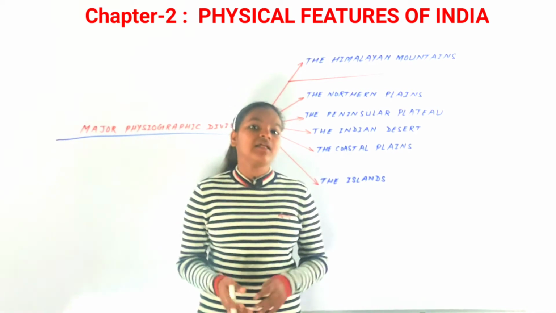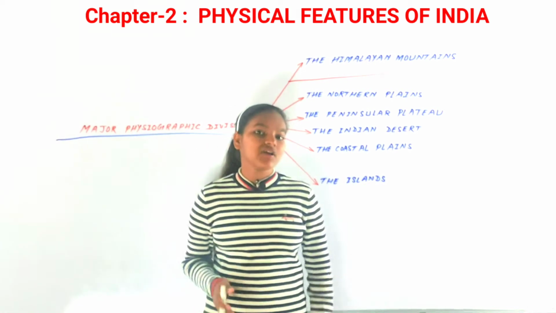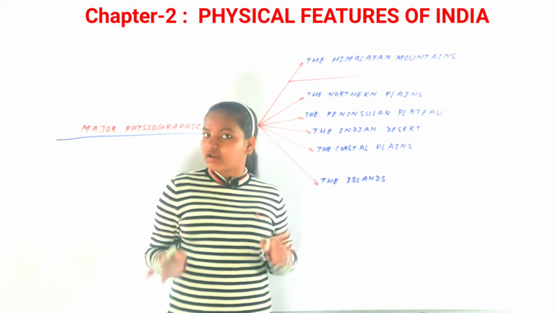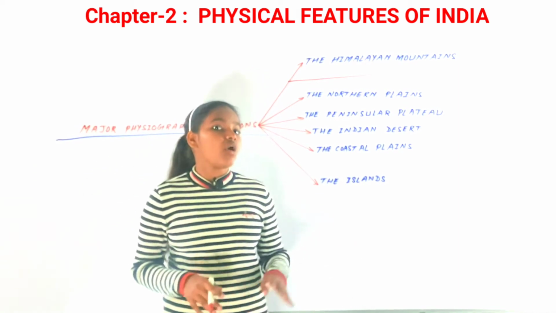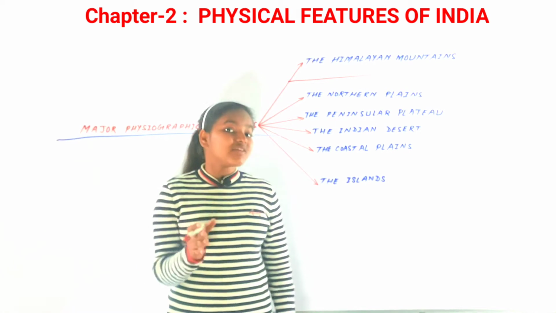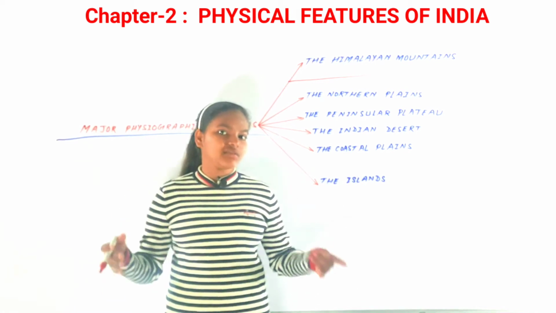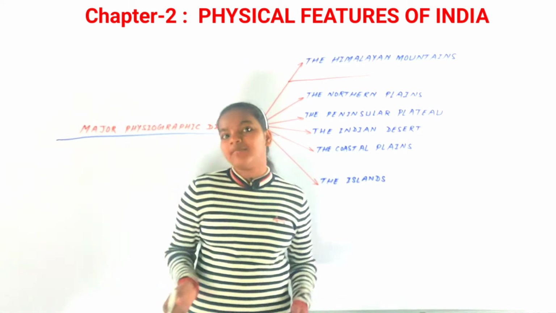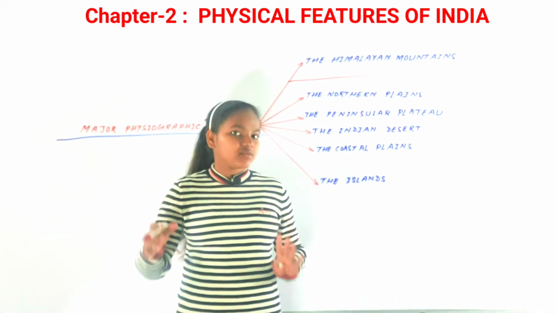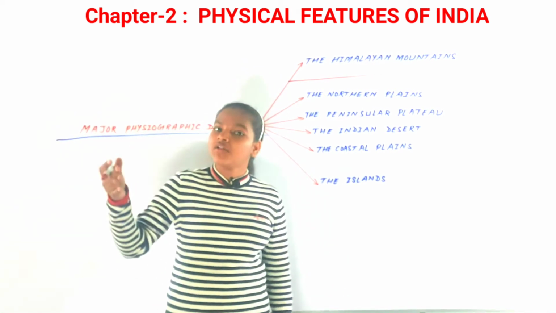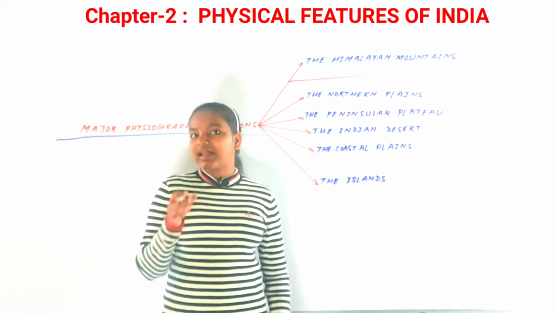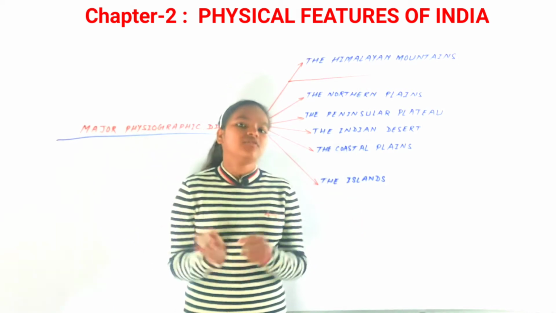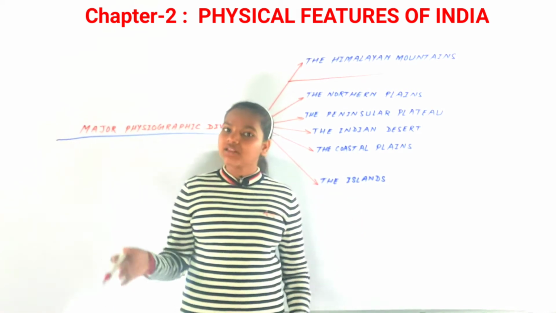It is because of the Himalayas that the cold winds that come from Russia cannot enter all parts of our country. If there weren't any Himalayan mountains, India would have been very cold, because cold winds from Russia and many other countries would come to India. That's why it is a kind of protector of our country as well. So that is about the Himalayan mountains.